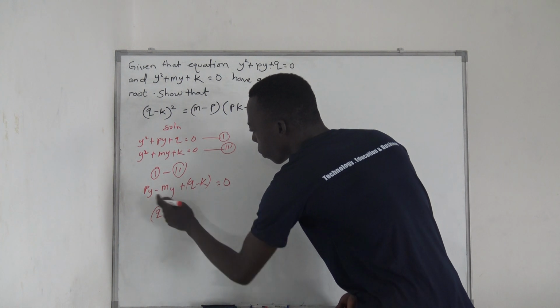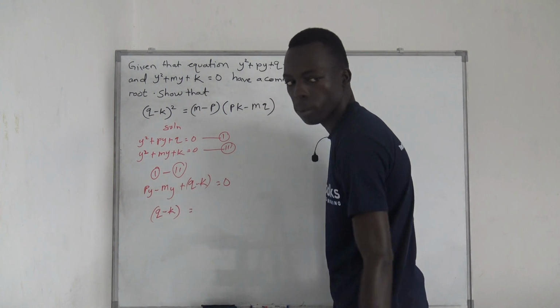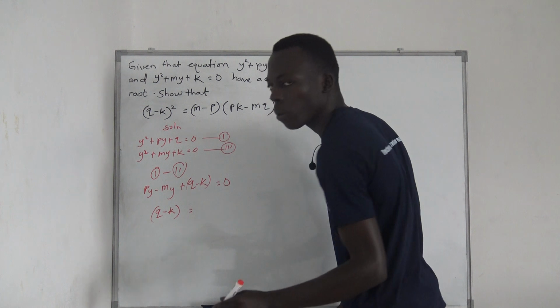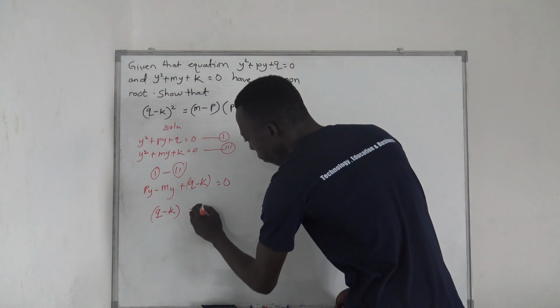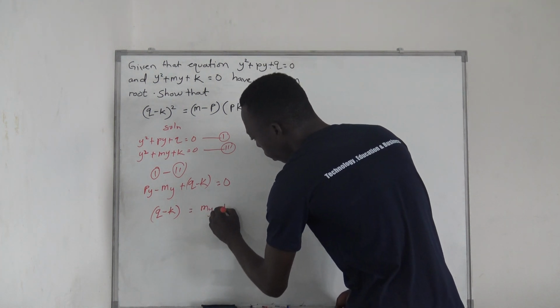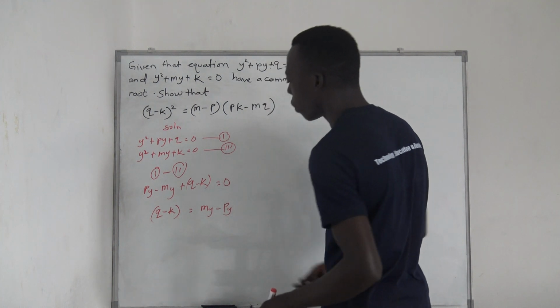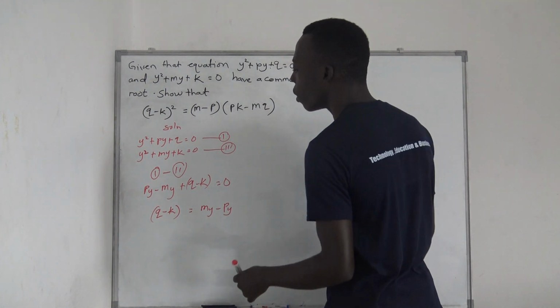When you take a negative to this side it becomes a positive, and the positive becomes a negative, so it becomes my minus py. Since y is common, we factorize out the y.